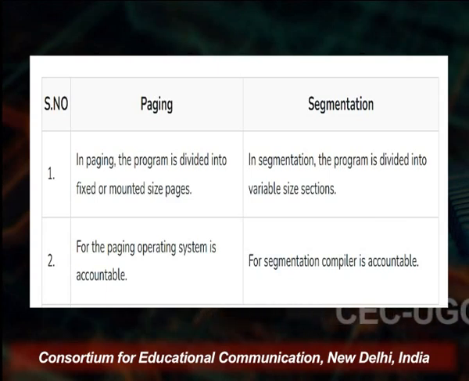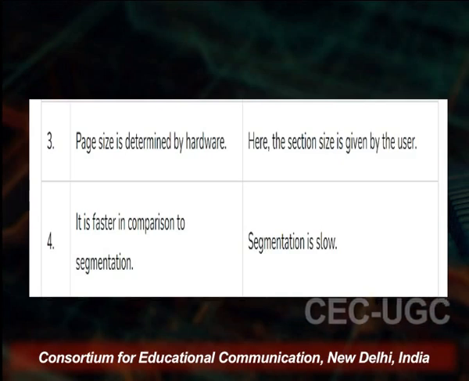And for paging, your operating system is accountable, while for segmentation your compiler is accountable. Why? Because parsing or separation of these elements of the program is the job of the compiler. So, for segmentation our compiler is held accountable, but paging goes with the help of the operating system.